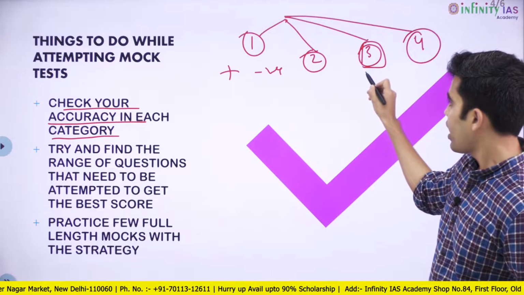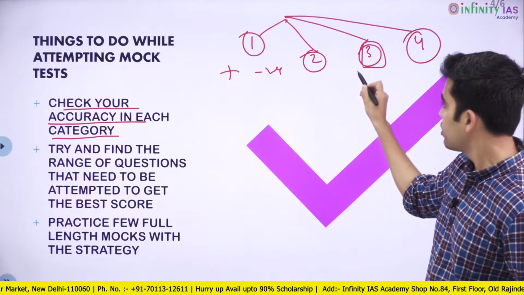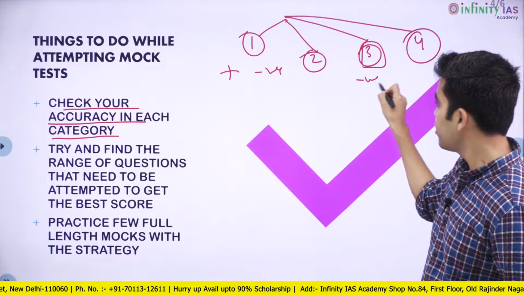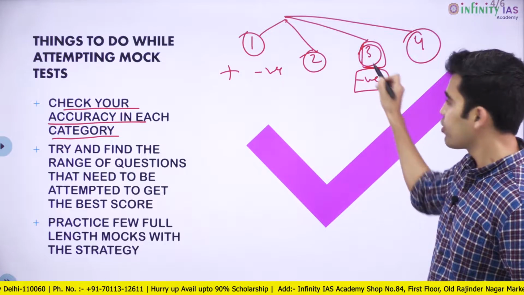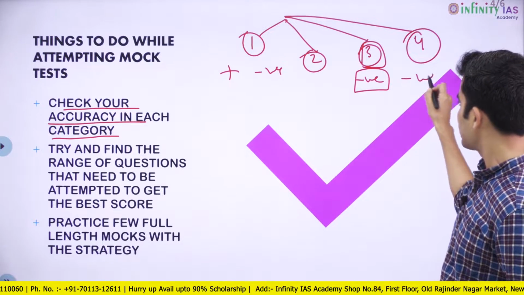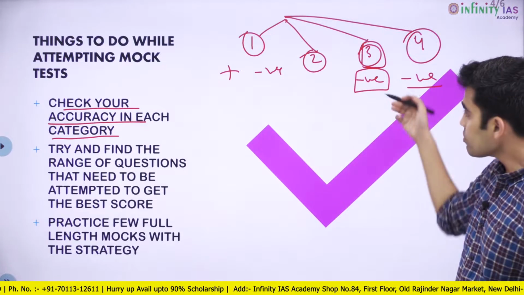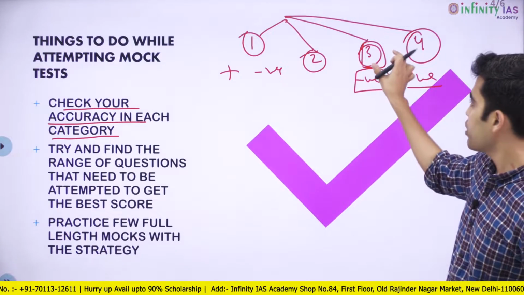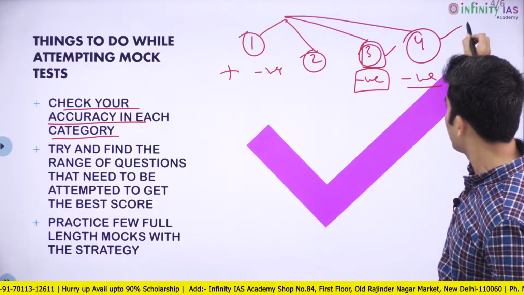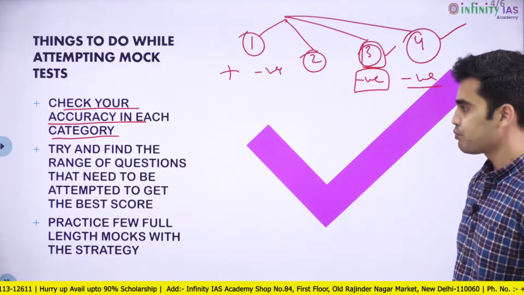If you are getting very low marks or only negative marks from this category or this category, try reducing the number of questions that you are attempting from these 2 categories.